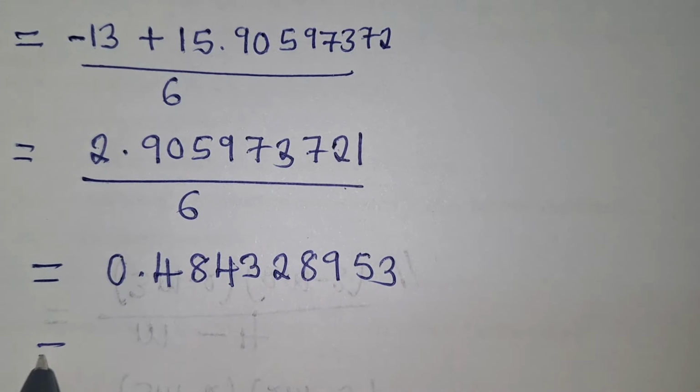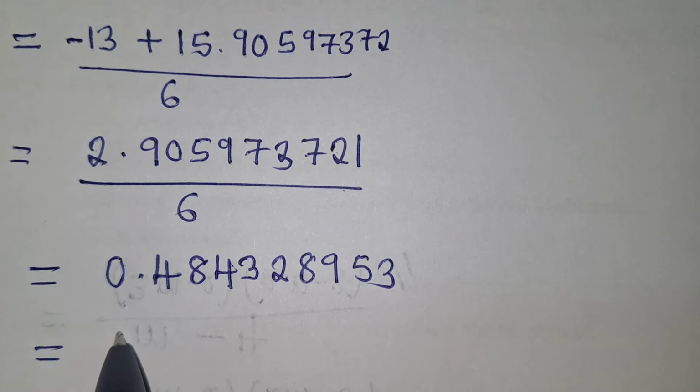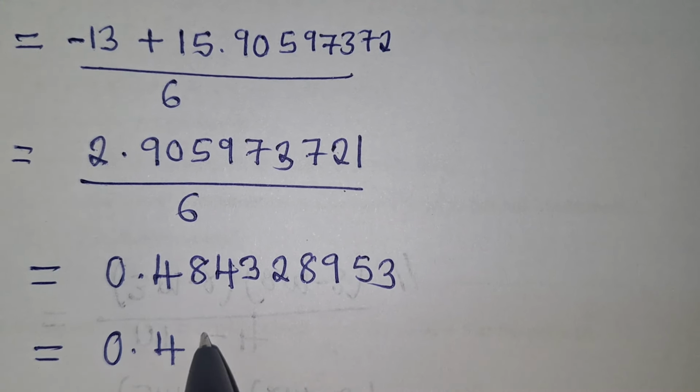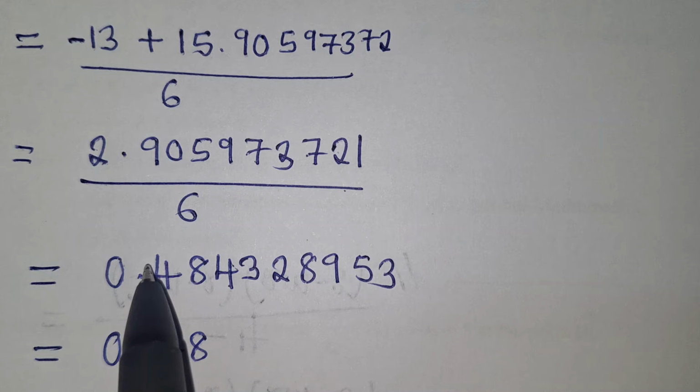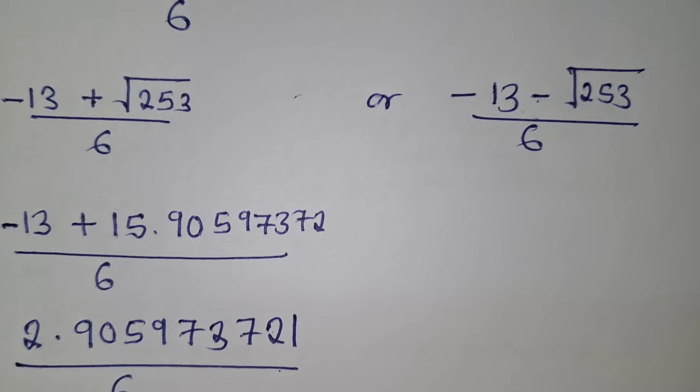We now write this because there is a condition. So we need to write this answer in 2 decimal places. So it will be 0.48. So there are 2 decimal places, 1, 2. This is our solution.